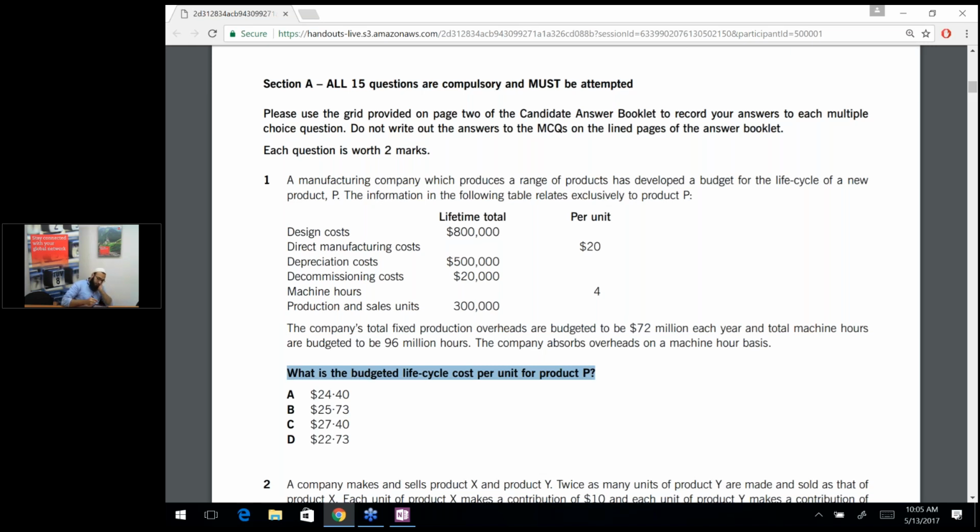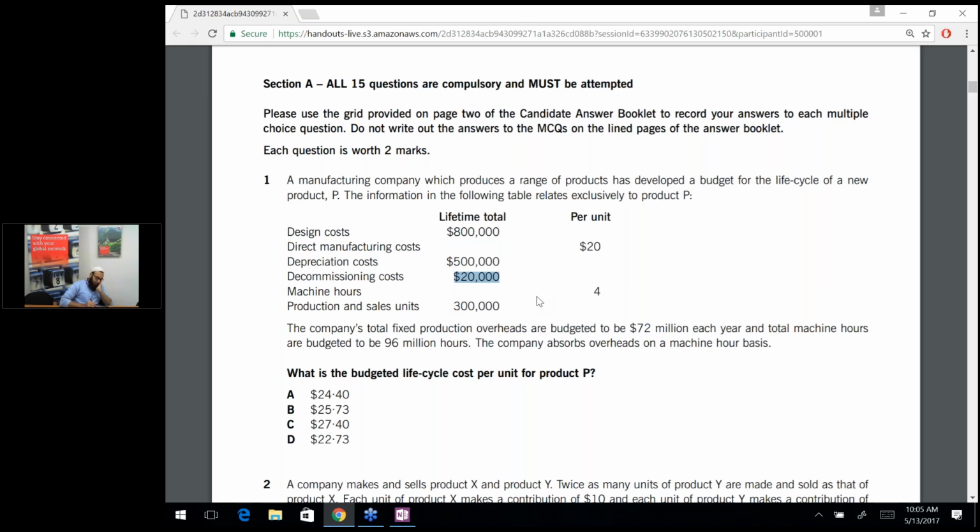Okay. So here we are required to calculate the budgeted life cycle cost per unit for product P, and we are provided with a few details. That is, design cost will be incurred at the development phase, depreciation, and decommissioning cost at the end of the life. This is decommissioning cost, which is an environmental cost.